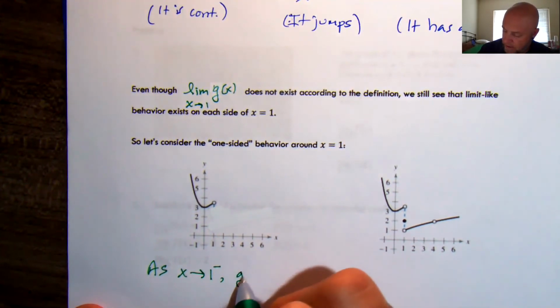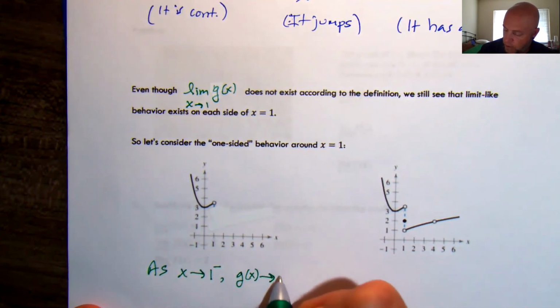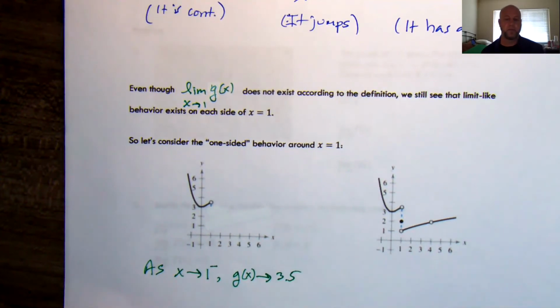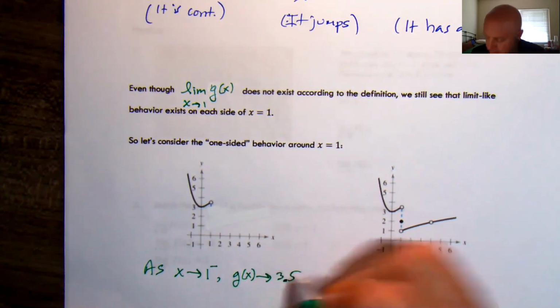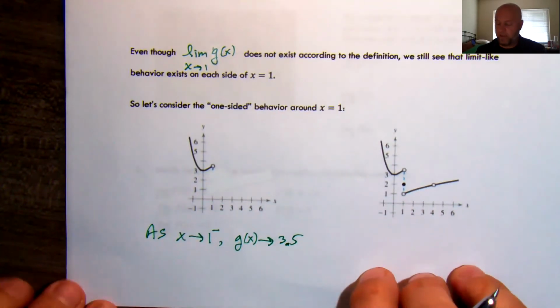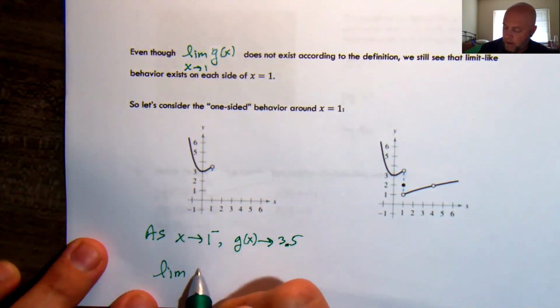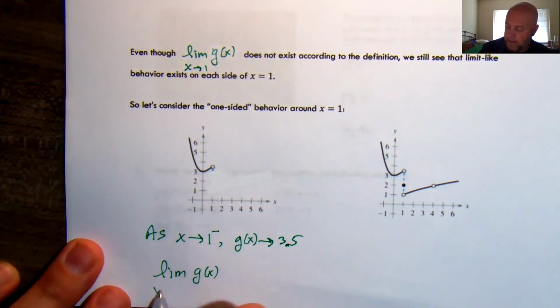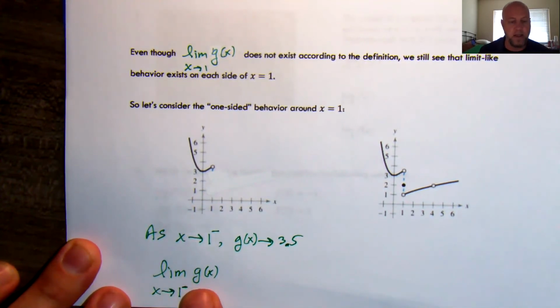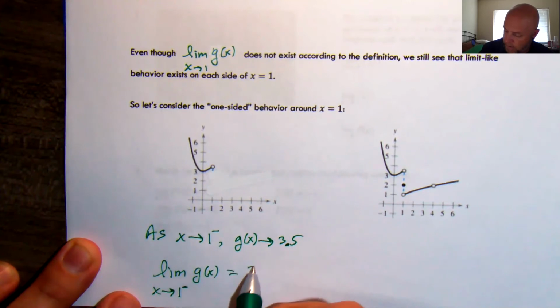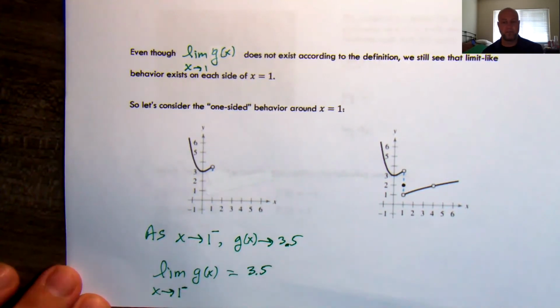As that happens, the g of x values are approaching 3.5. Make sure that looks like a decimal point. And we can write that with this formal notation. The limit of g of x as x approaches 1 from the left, notice that little insertion there, is 3.5.